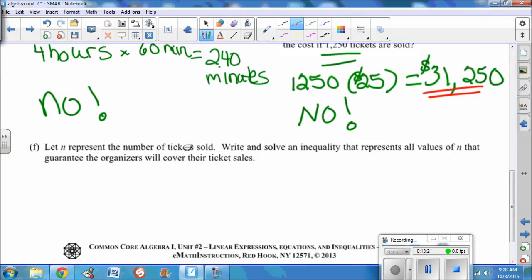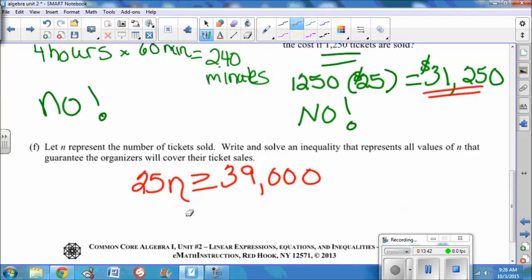Okay, last piece. Let n represent the number of tickets sold. Write and solve an inequality that represents all values of n that guarantee the organizers will cover their ticket sales. So we know $25 times the number of tickets has to be greater than or equal to our overhead costs, that $39,000. Okay, and we divide by 25.